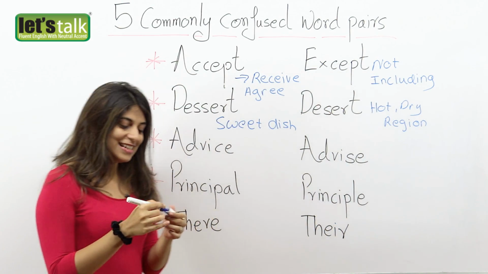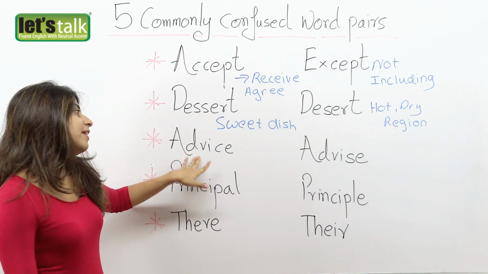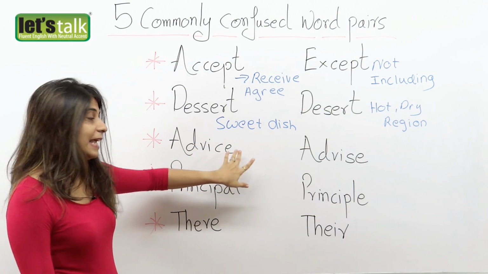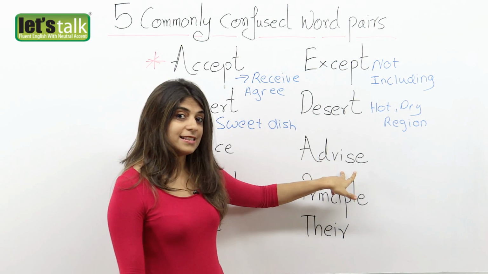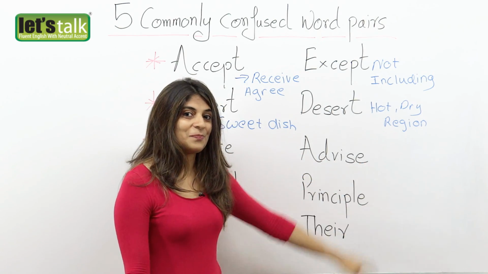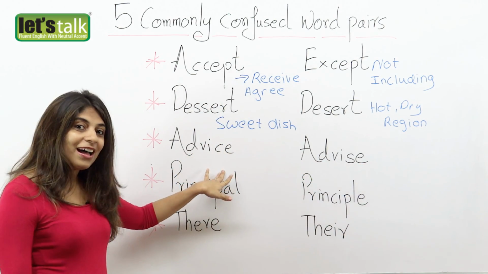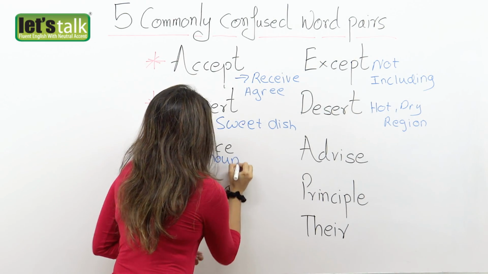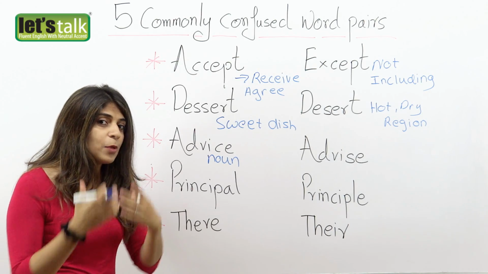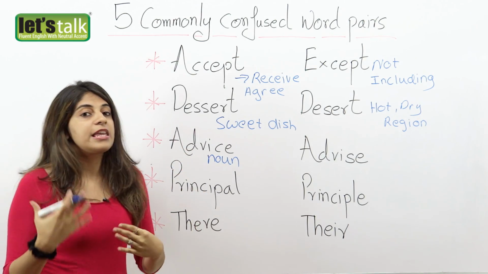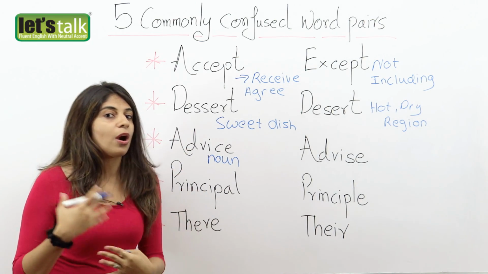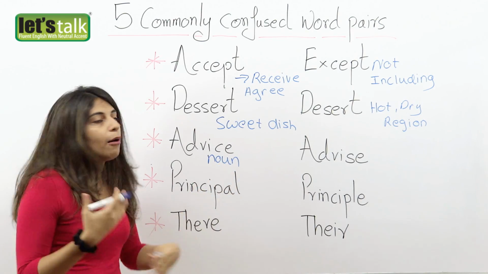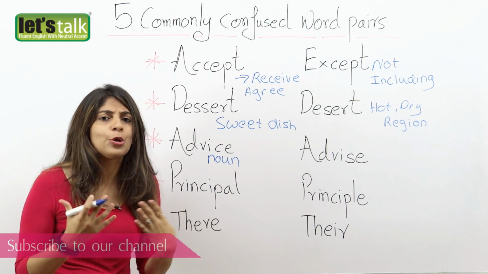Okay, now let's see what we have here. Advice, ending with CE, and advise, the word ending with SE. Now here, advice is a noun, which means to counsel, or it means to give an opinion about what or how things can be done. So basically, counsel.